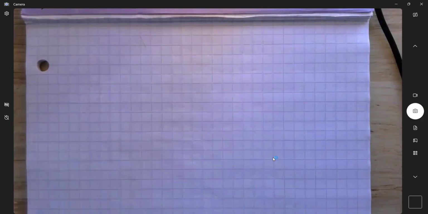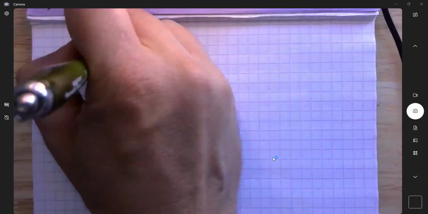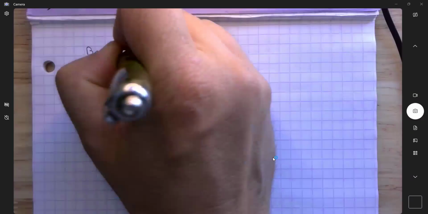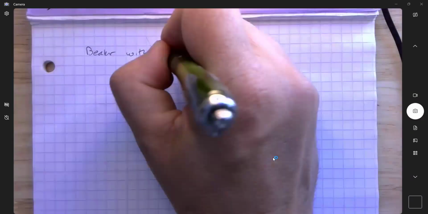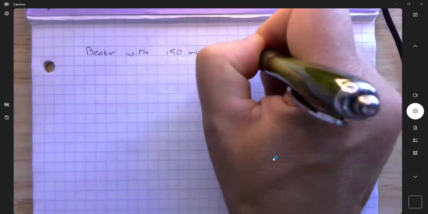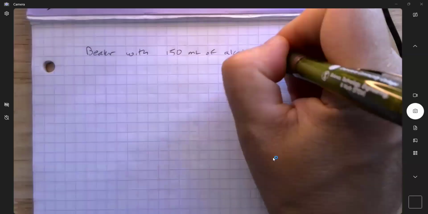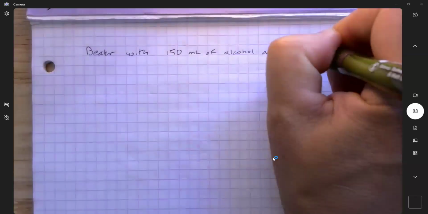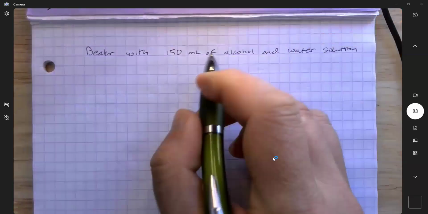All right, I'll do one more example question. So we've got a chemistry beaker with 150 milliliters of an alcohol and water solution, which means it's a liquid where the alcohol and the water are mixed.